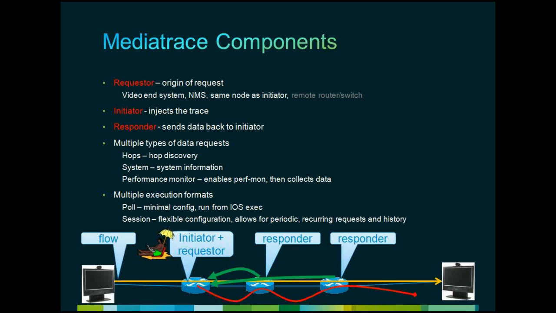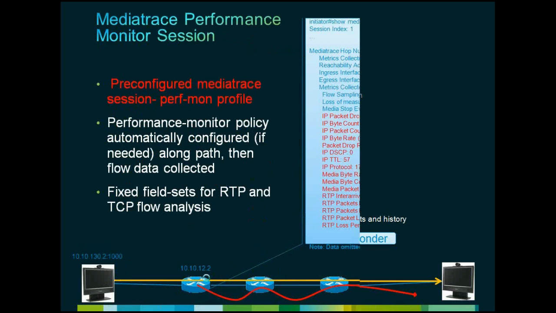There is a poll, which is a very minimal configuration you can run from IOS exec. And then of course there's a session, which is much more flexible and allows for periodic recurring requests and things like that. The whole idea is that the initiator at the end of the MediaTrace would possess all the information downstream and the metrics you ask them to collect.